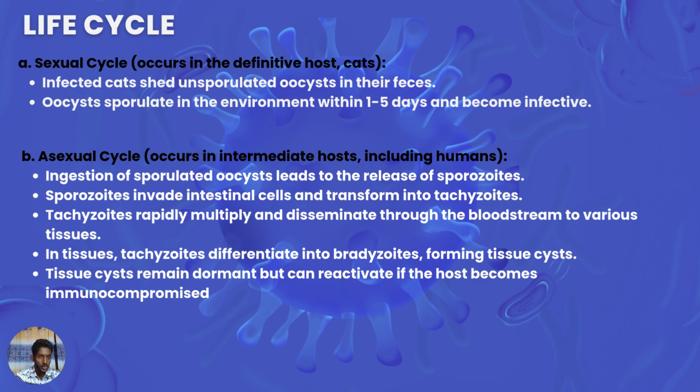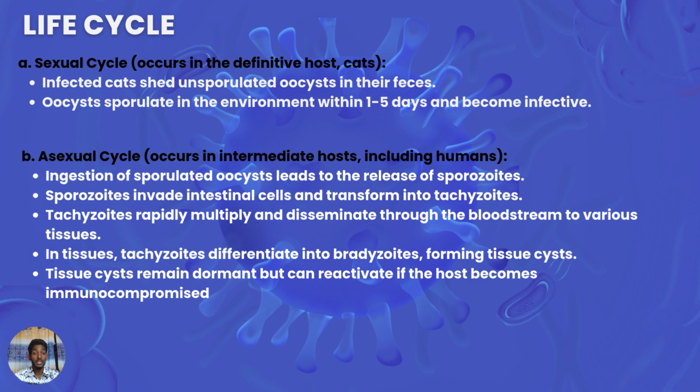Then these tachyzoites will rapidly multiply and disseminate through the bloodstream to various tissues. They will mainly go to the heart, eyes, muscles, and brain. These are the main sites where this parasite mainly occupies and causes infection.